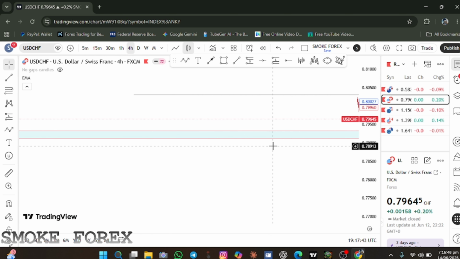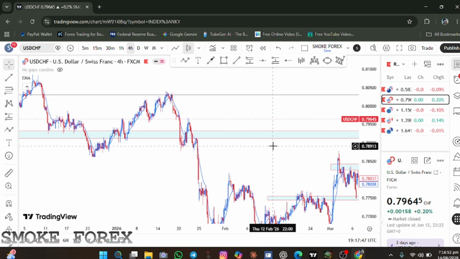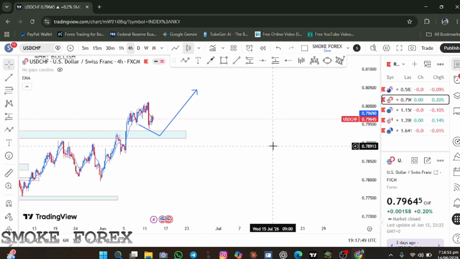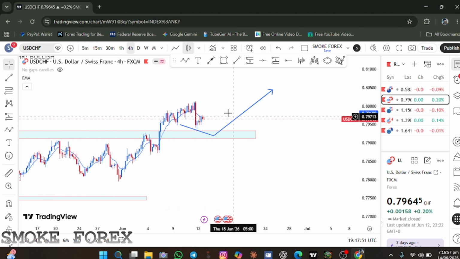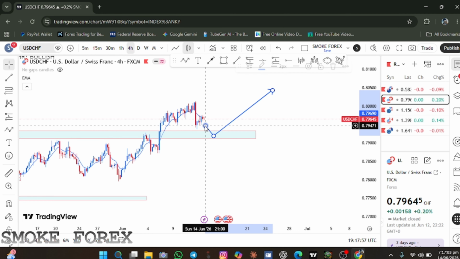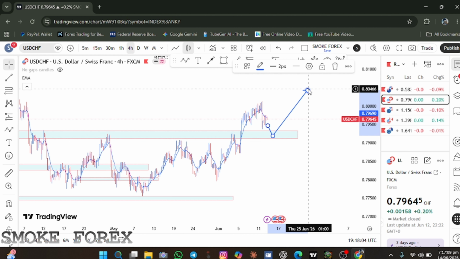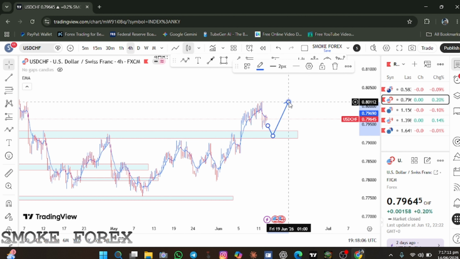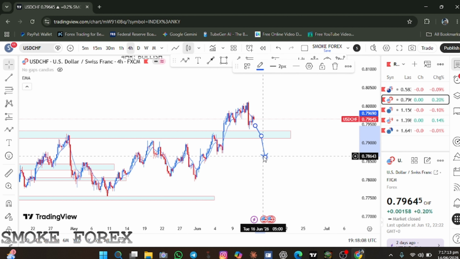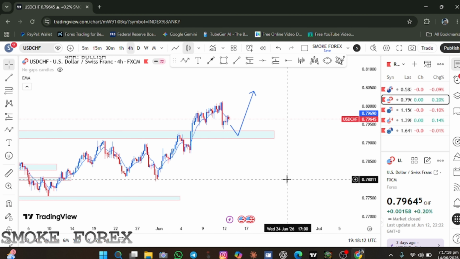You can see this level is a very powerful level. Price has used it to sell, used it to buy. So I do want price to retest this area with a daily or a 4 hour rejection candle. Then I'm going to enter for the buy, targeting a 1:2. So I'm just going to wait for my confluence, then I'm going to take this trade right away.